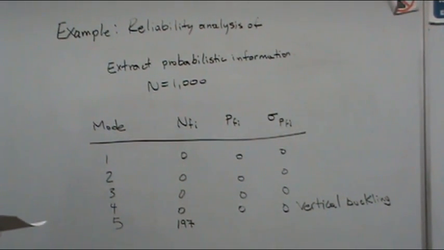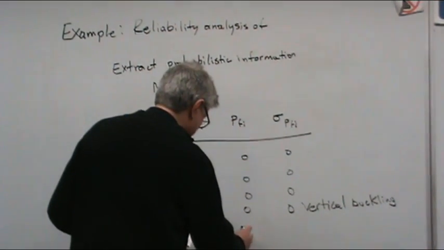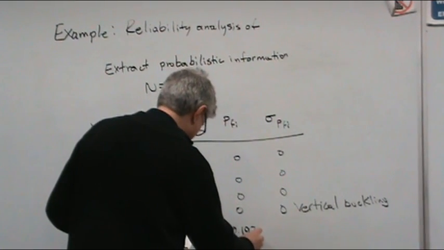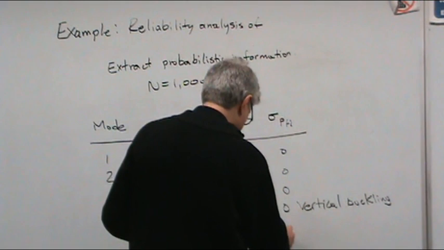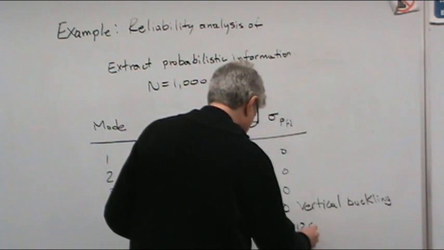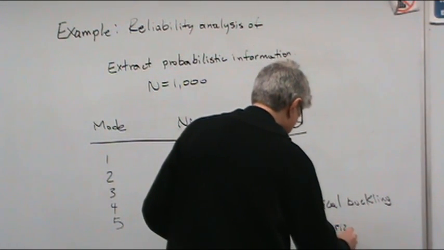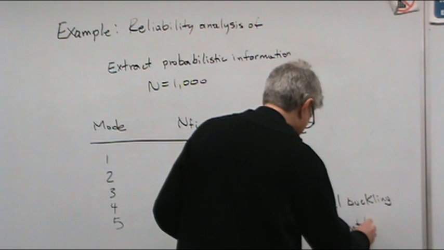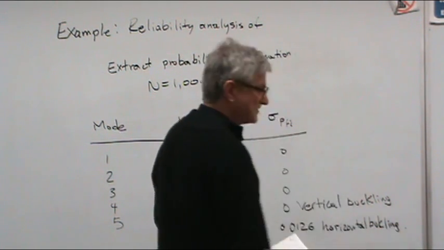So this probability ought to be quite high. So the estimate of this probability is 197, and the standard deviation is 0.0126. Okay? So this is horizontal backlink. Okay?